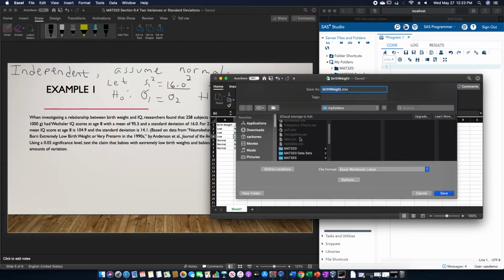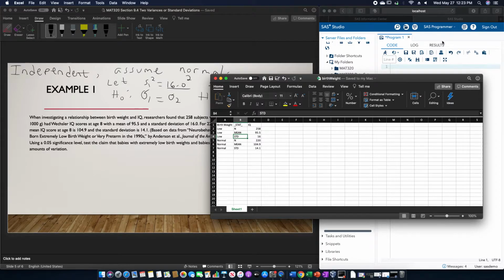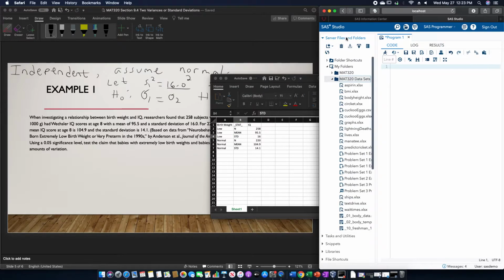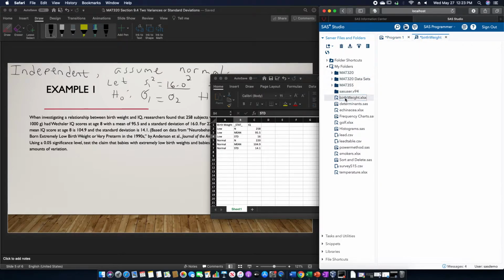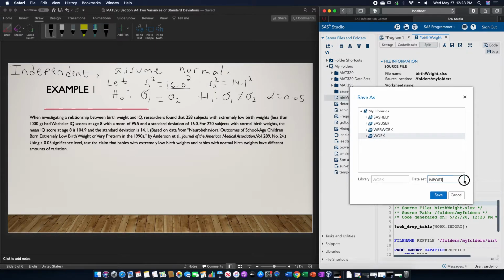And let us see. Okay. So now we should just be able to reload this, and it should be in there. Yes, it is. Okay, good. And I'm just going to change this to be the name birth weight, just so we know what we're looking at.